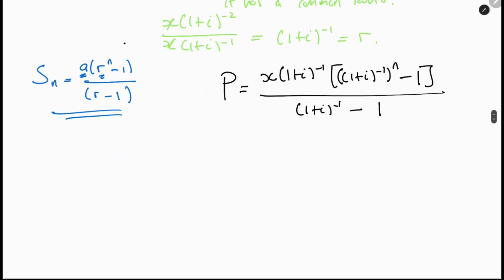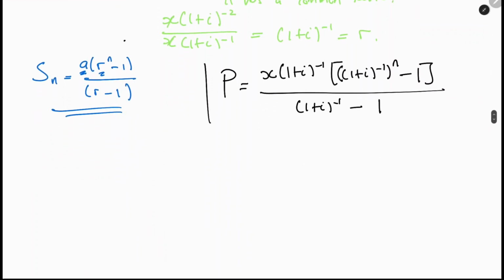Okay, this formula doesn't look very neat. So I'm just going to simplify it a bit so that it's easier to work with. P is equal to, so this part here I'm going to write as x over 1 plus i.